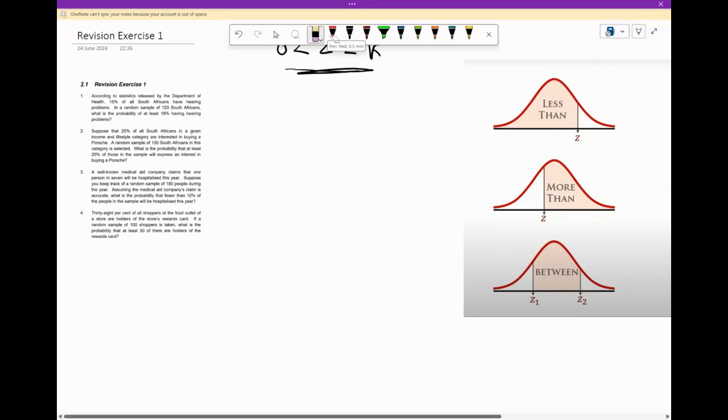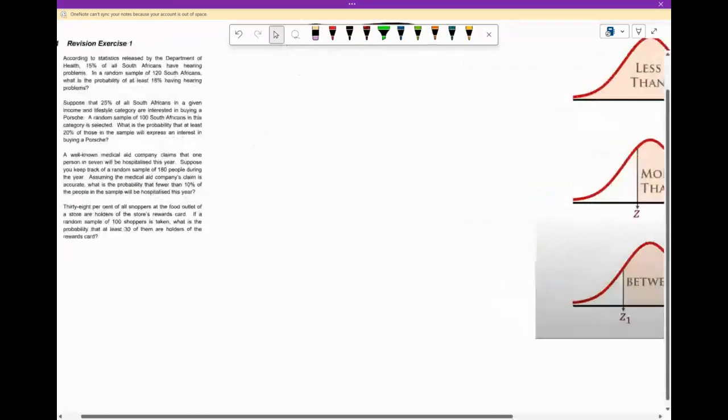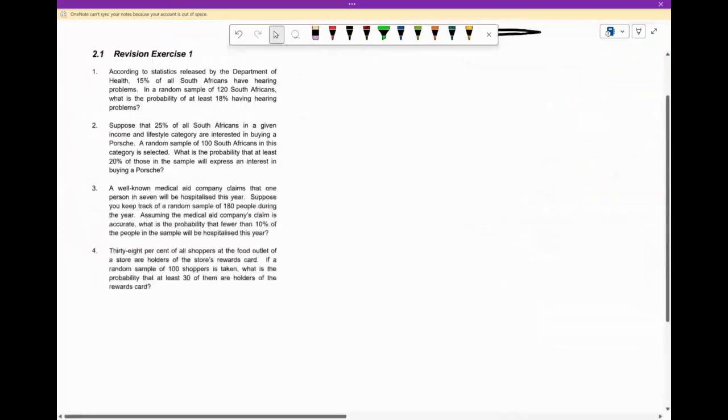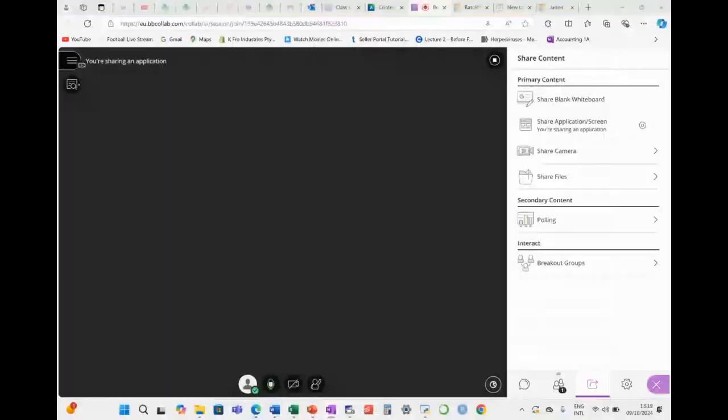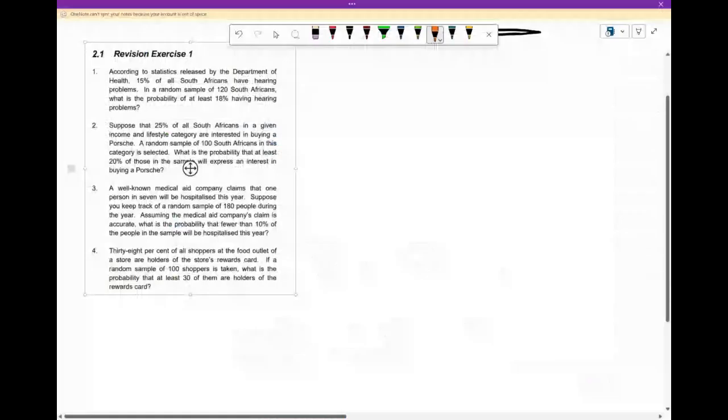Okay, now let's get into a question. Number one. Can you guys see? According to statistics realized by the Department of Health, 15% of all South Africans have hearing problems.